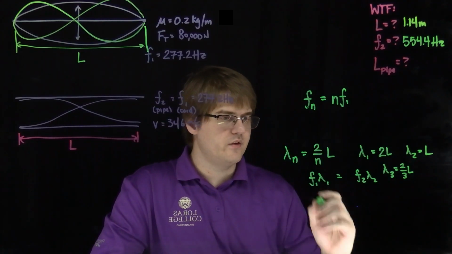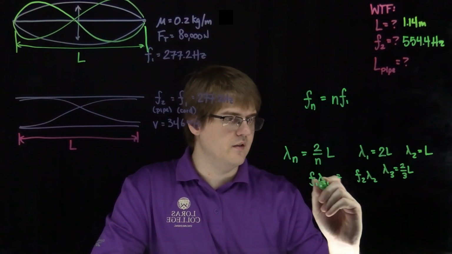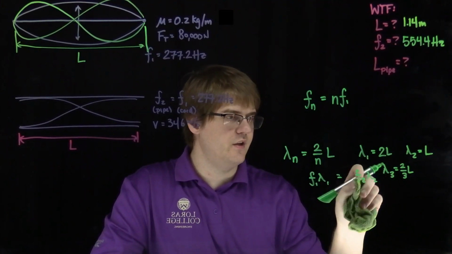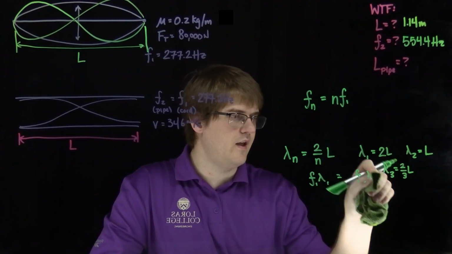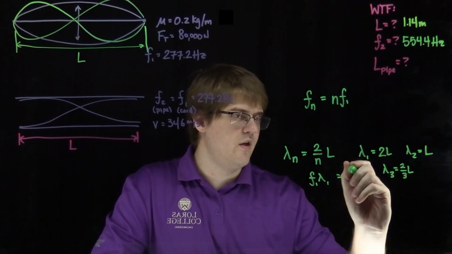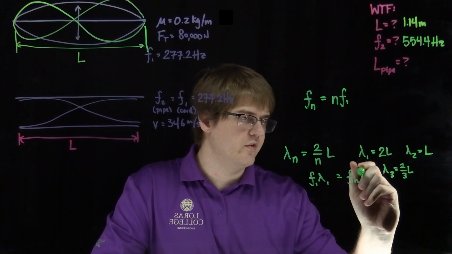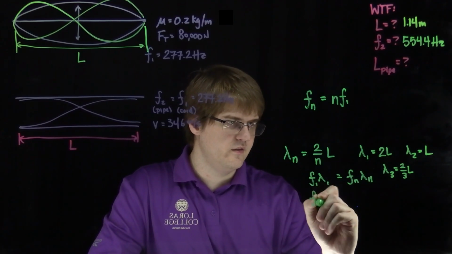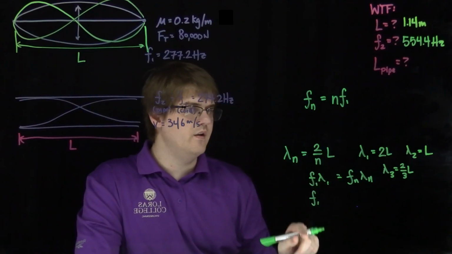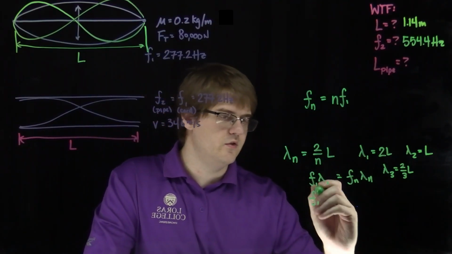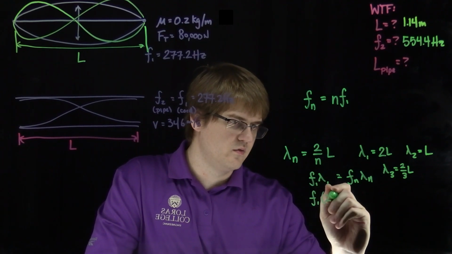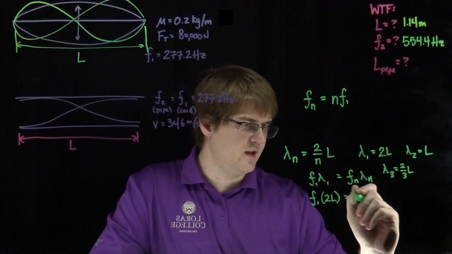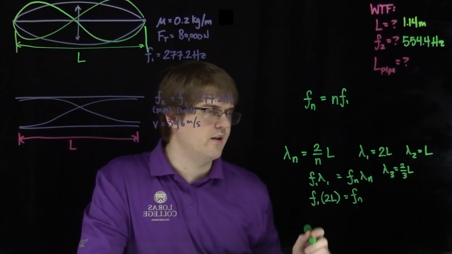So what I can do with this is I can say that lambda 1 is equal to 2L, and I'm actually going to change this. This can be any n. So I can say frequency n times lambda n, and frequency 1 stays frequency 1. Lambda 1 is just going to be 2L is equal to frequency n, which we're going to keep the same, times lambda n.